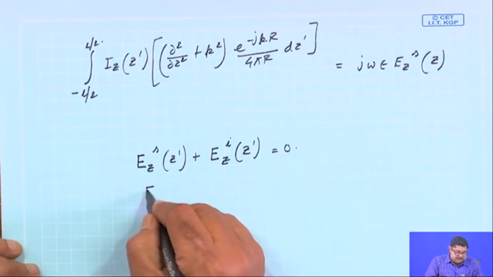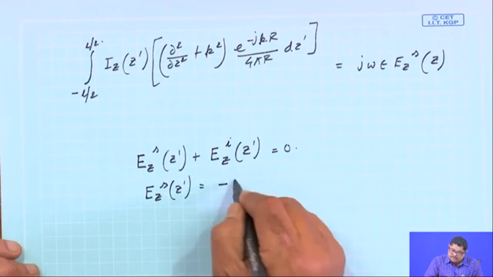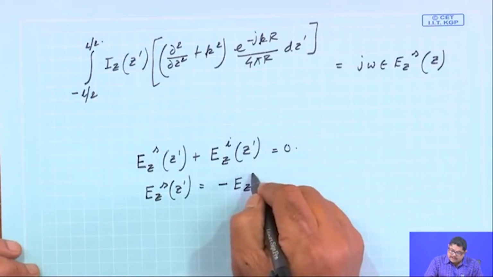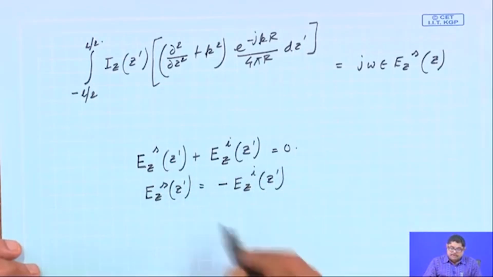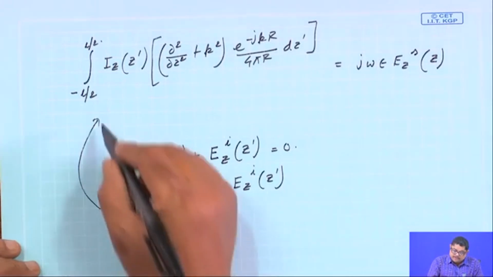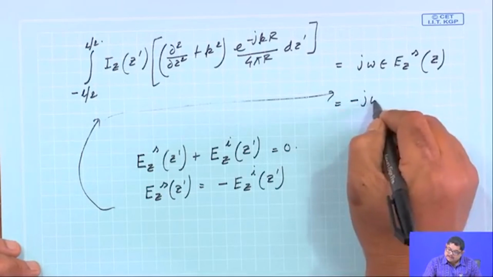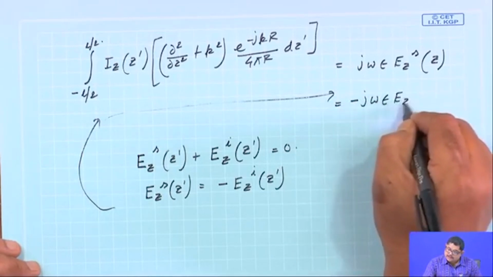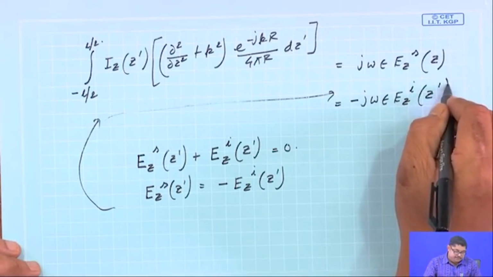That means, I can always write E z s at z dash is equal to minus E z incident at z dash. So, if I put this here, I get minus j omega epsilon E z incident at z dash.